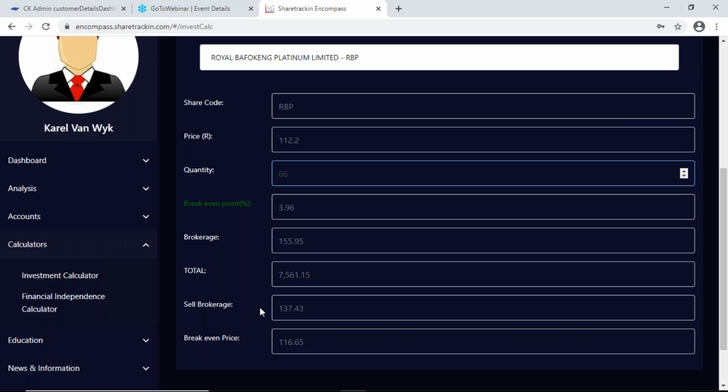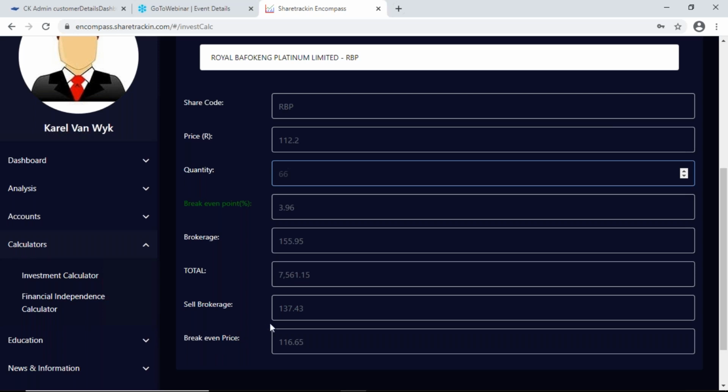My sell brokerage. So I pay transaction fees both when I buy the share and when I sell the share. So my sell brokerage would be 137 Rand and 43 cents. Then I have my break-even price.